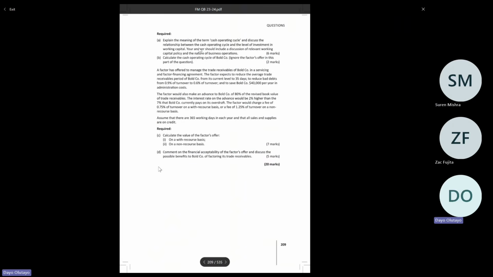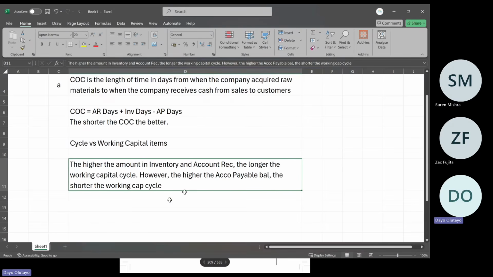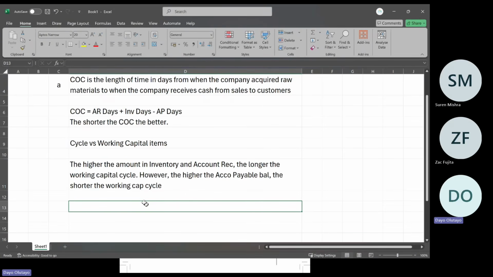This question asks us to include the discussion around the relevant working capital policy and the nature of business operations. So, which means we need to talk about how the nature of business affects the level of working capital. So we need to say something about that. And how are they impacted?